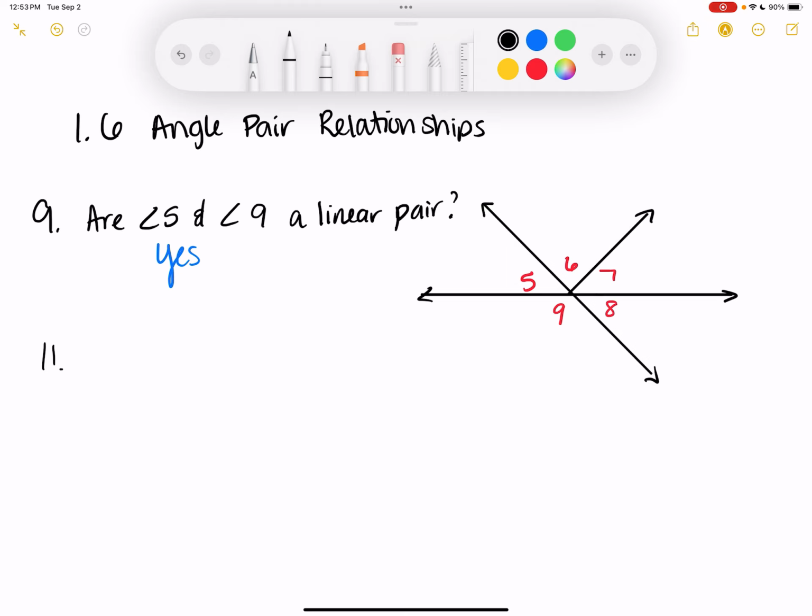Are angle 5 and angle 8 vertical angles? So 5 here, 8 here. So yep, they have opposite rays that are both sides of their angles. So yes, these are vertical angles.